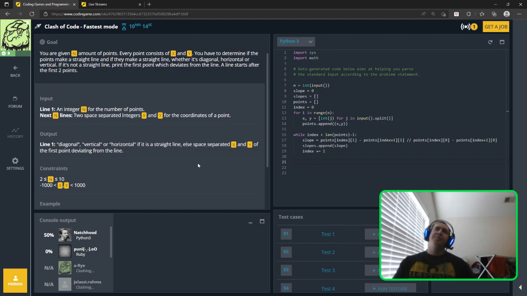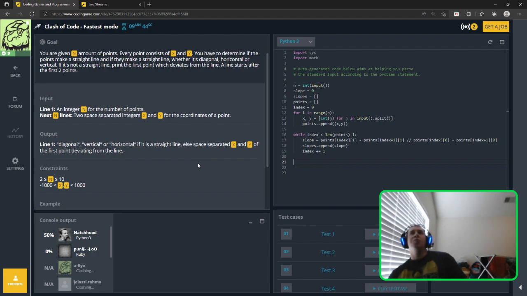Let's see. I'm trying to think of the best way to do this. Diagonal's easy, it's just either 1 or -1. So how would be the best way to test that? If all the slopes are either 1 or -1, then we know we got diagonal.